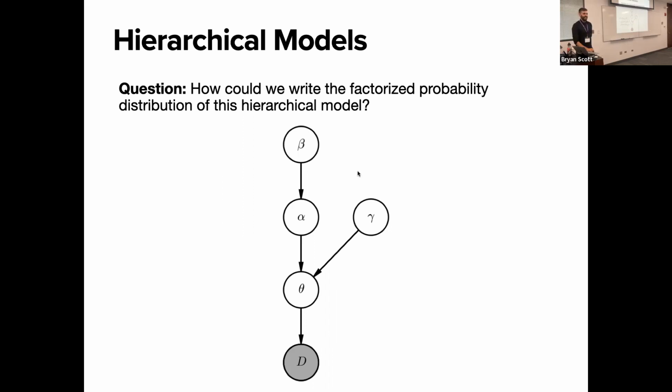Yeah. What's the difference between the data conditional on alpha and gamma versus conditional on alpha and separately conditional on gamma? You mean writing? Is this equivalent to PU?